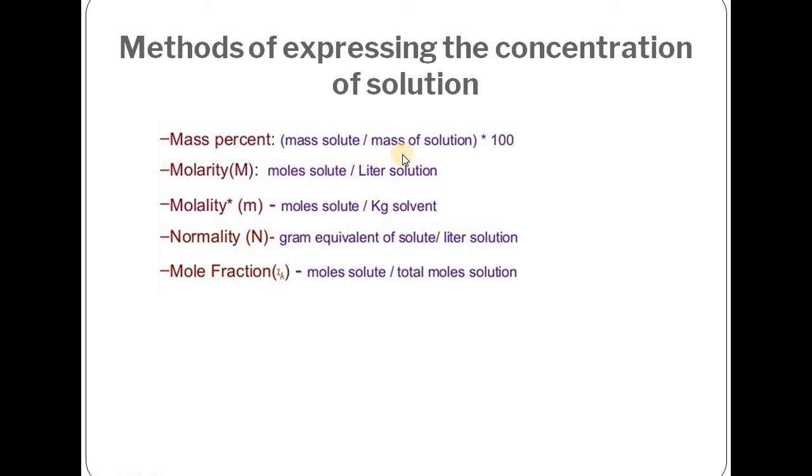For example, mass percent is the mass of solute divided by the mass of solution, multiplied by 100. Molarity is the moles of solute per liter of solution. Molality is the moles of solute in 1000 grams of solvent. Normality is the gram equivalents of solute per liter of solution. Mole fraction is the moles of solute divided by the total number of moles of the solution. Later on we will discuss each term in detail.